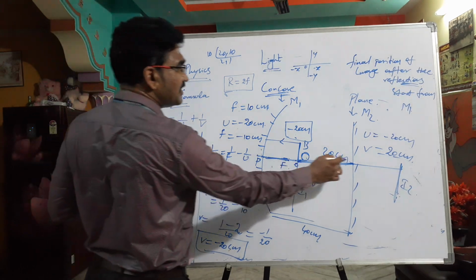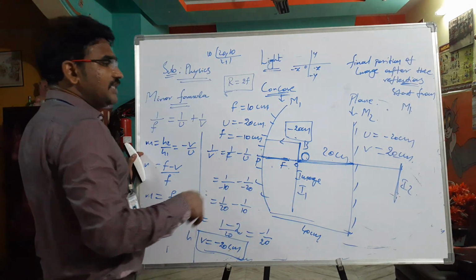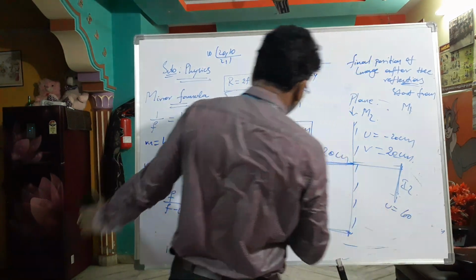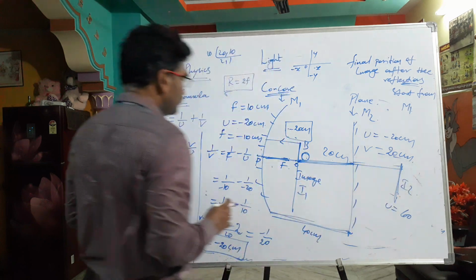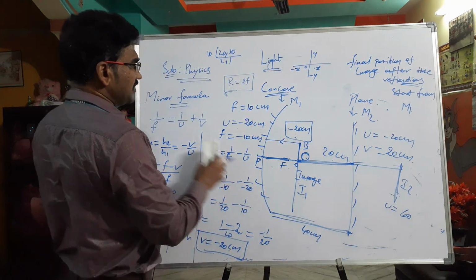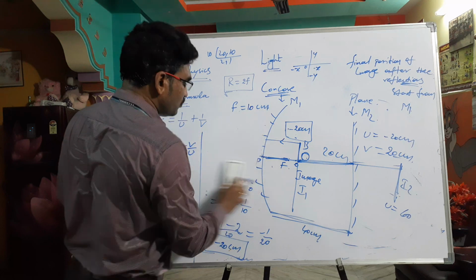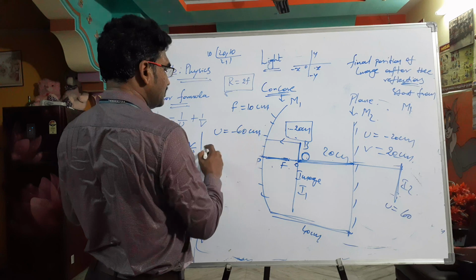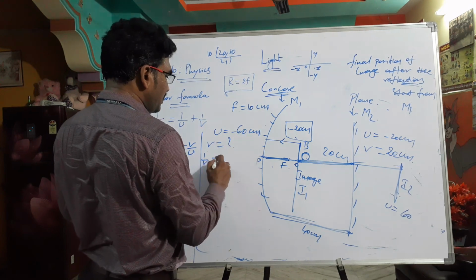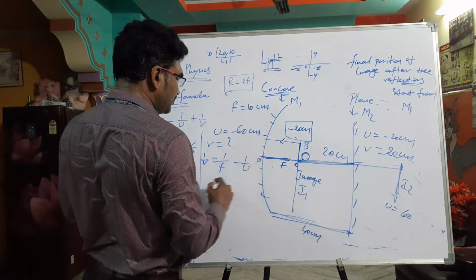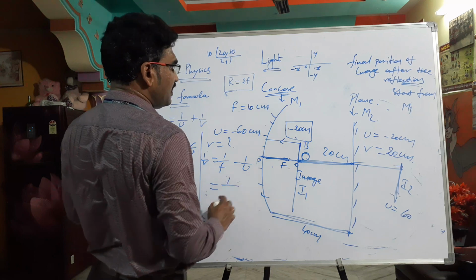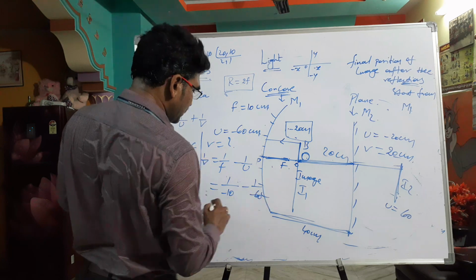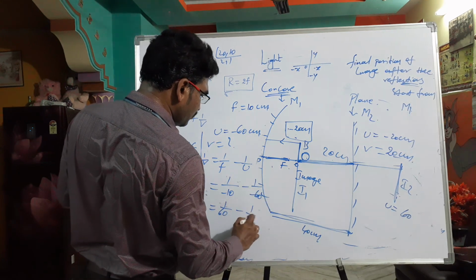So one reflection is over, second reflection, again third one. Then this is total 40 plus 20, 60. So for this mirror again the object is at minus 60 centimeters. U is going to become minus 60 centimeters. Then what is V? Again 1 by V is equal to 1 by F minus 1 by U. So 1 by F it is minus 10, minus 1 by U minus 60, that is going to be 1 by 60 minus 1 by 10.